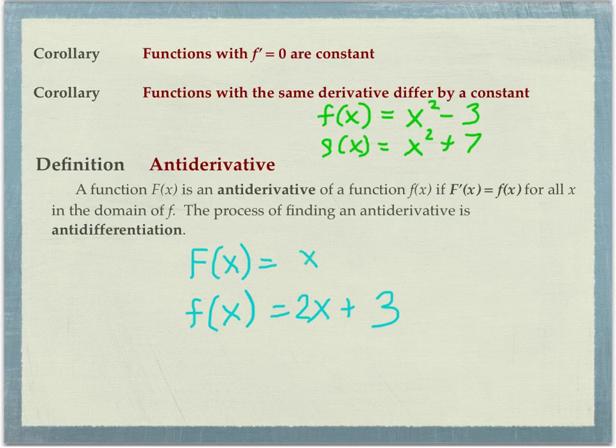So it would have to be x squared, because the derivative of x squared is 2x, and this would have to be plus 3x, because the derivative of that big F would be this. Now I could also tack on some constant here because we don't know exactly what that is.